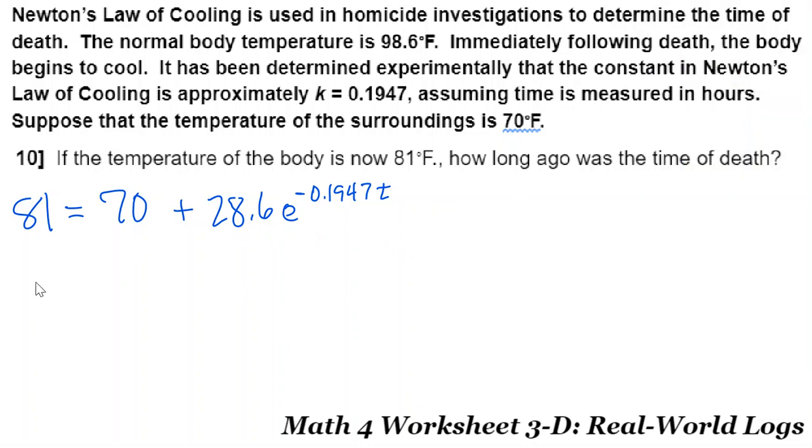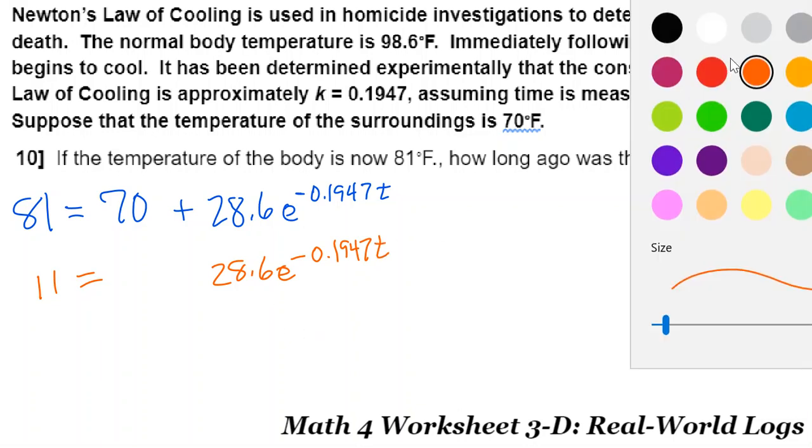When I subtract 70 from both sides, I get 11 equals 28.6 e to that. And then I'm going to divide both sides by 28.6.